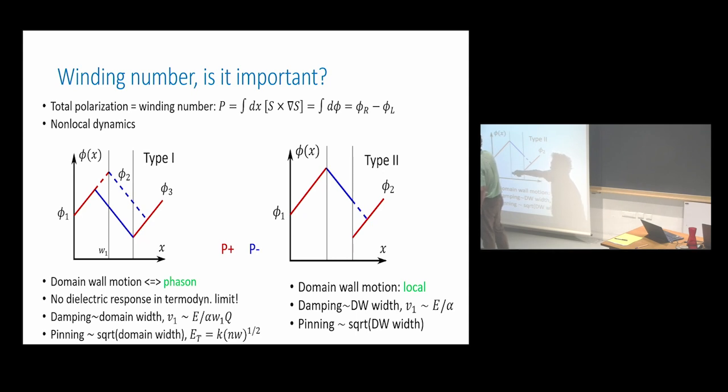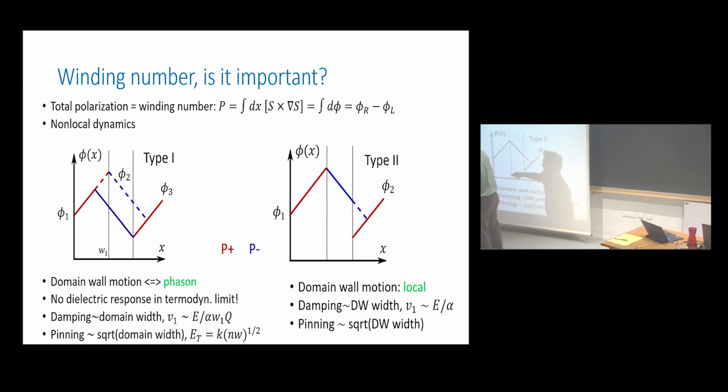So the dynamical variables are these phasons, telling me the vertical positions of these segments. If I move along this phason, from here to here, I'm increasing the red domain here, but increasing the blue here as well. So the total polarization change is 0; phi 1 minus phi 3 is still the same.